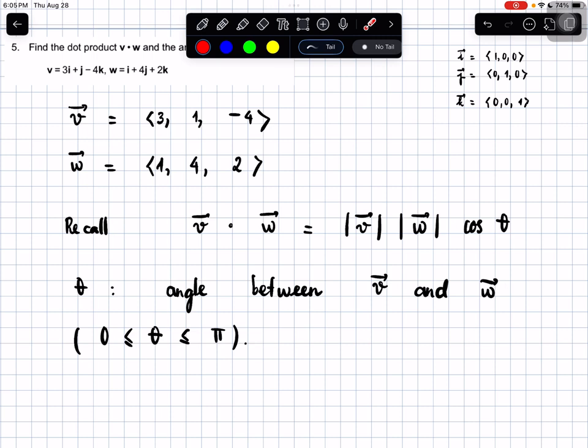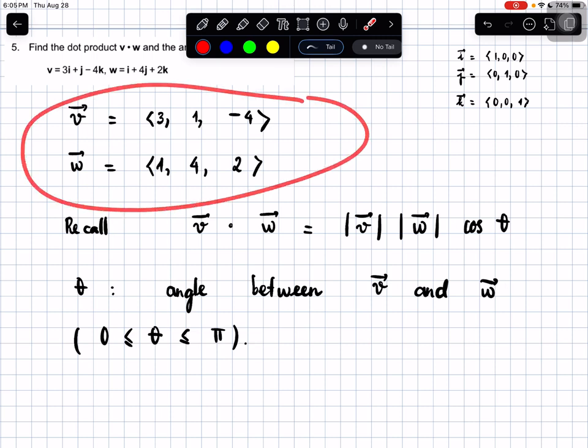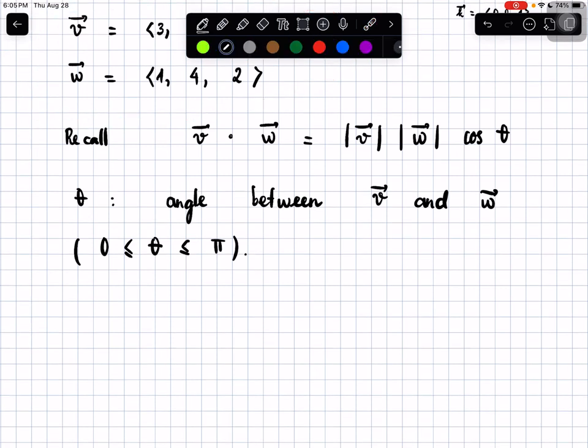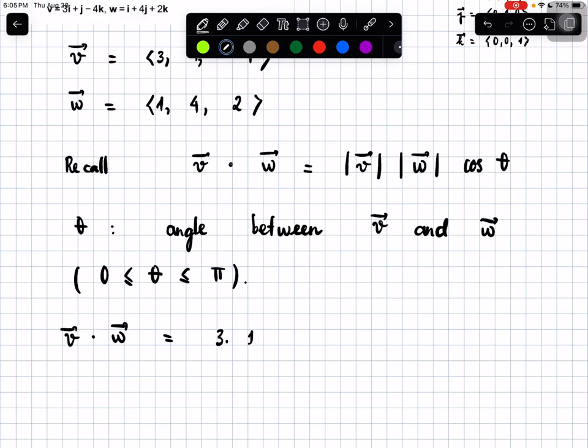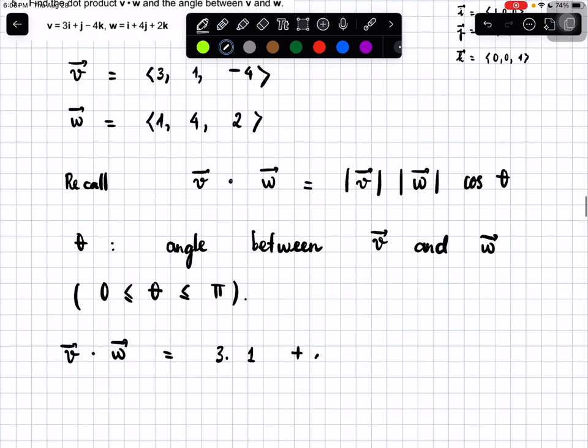So applied to our data, we have v dot w is 3 times 1 plus 1 times 4 plus minus 4 times 2.